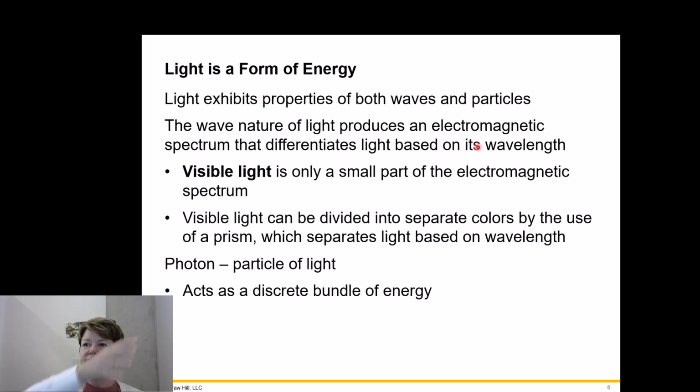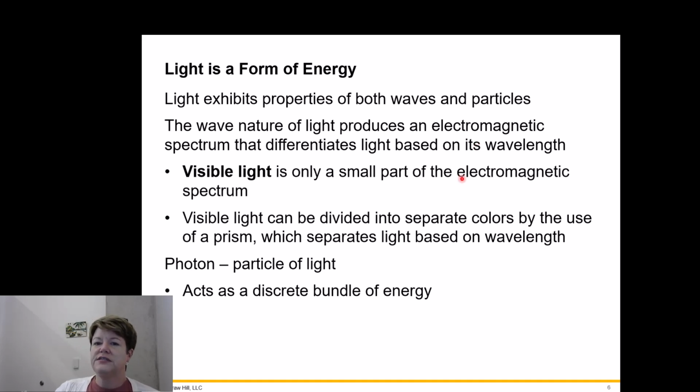When energy travels in waves, you can't see the waves with your eye, but it has a frequency, meaning it goes up and down. That's why they're called waves. And if you measure the distance between the top of a wave and the top of the next wave, and you can't do it without a tool, it's called the wavelength.